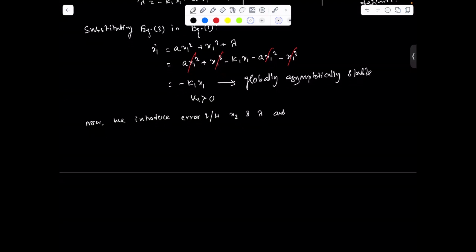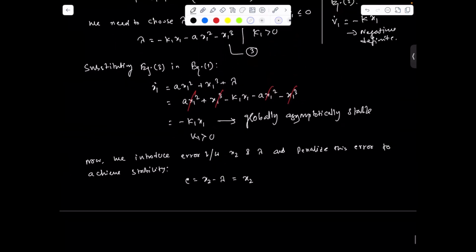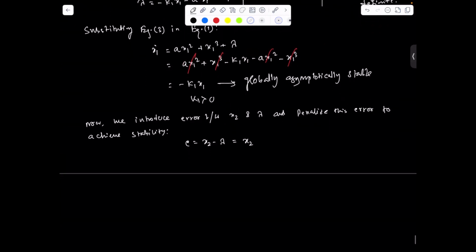And analyze this error to achieve stability. So here we introduce the error e equal to x2 minus lambda, and we have x2 as it is. In place of lambda, we can substitute the expression we have obtained by equation 3.